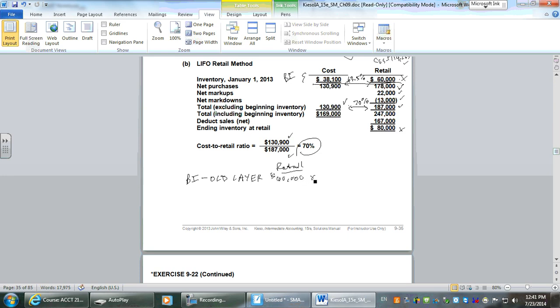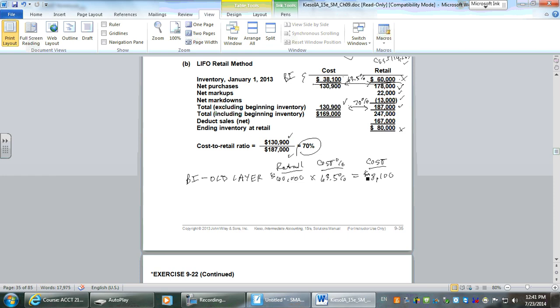And I'm going to take it times the cost percentage for that layer, right? Which is 63.5%. This is going to be obvious how it's going to turn out. But the point is, if you had less than 60,000 left, this is how you approach it, right? Okay? Is cost, my estimate of cost. So that was the 38.1, wasn't it? Everybody good?